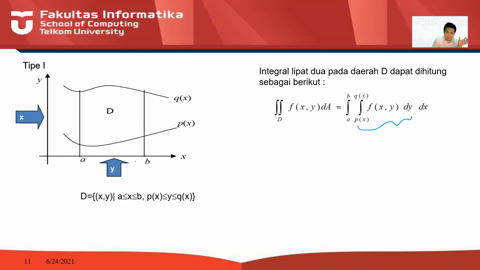If type 1, which is actually x fixed, we first calculate in y. I will repeat that. And then the second one, we calculate with respect to x. What if you did it wrong? It simply doesn't work. So that is type 1.